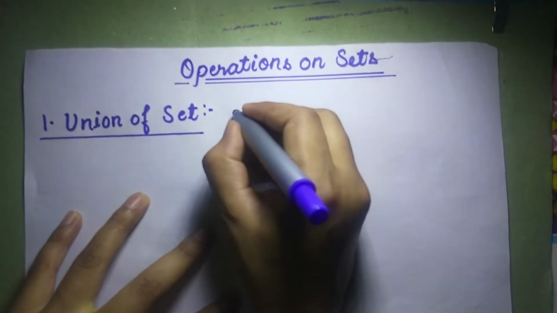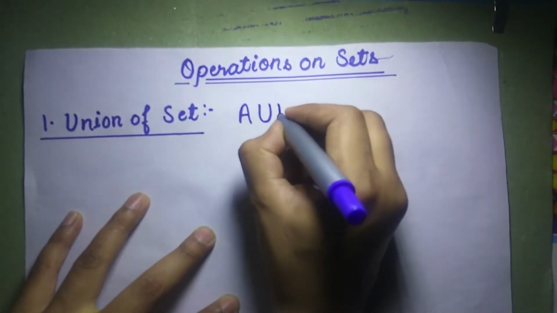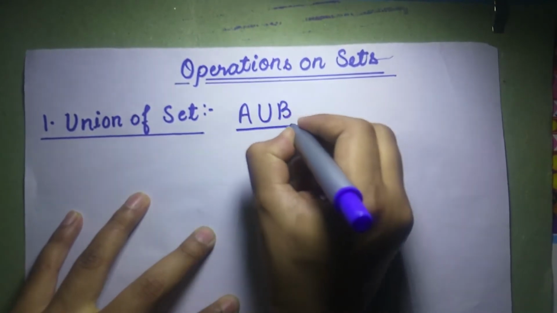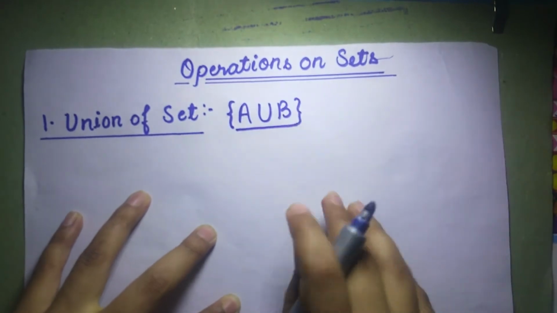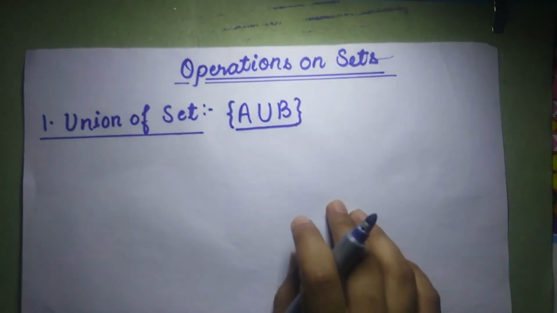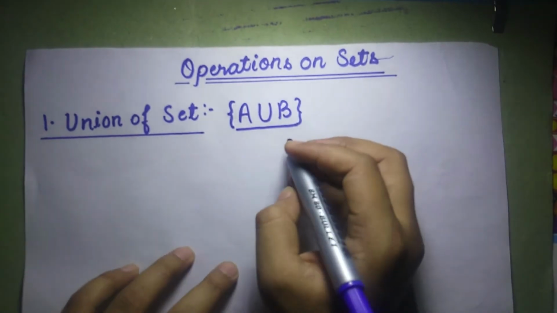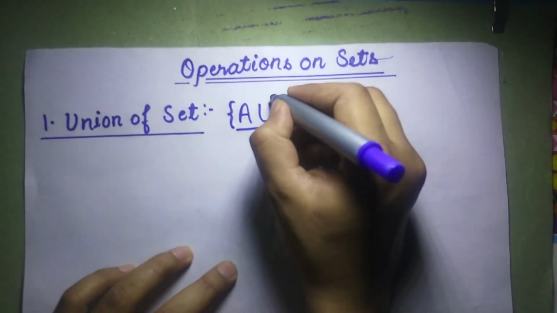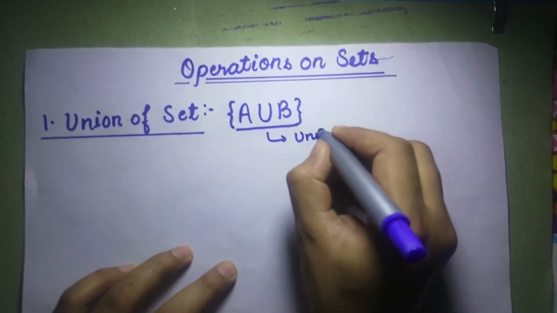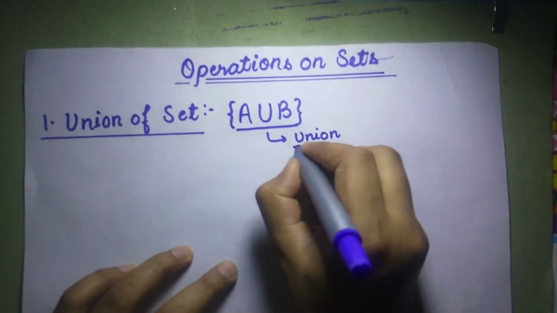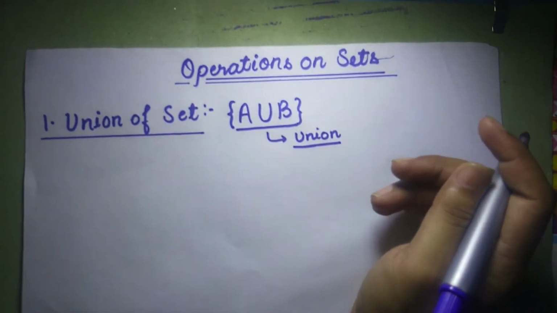We write it in formula form: A union B. Suppose that A and B are two sets and we want to combine them, so we use this sign. This is union. So it is called A union B.